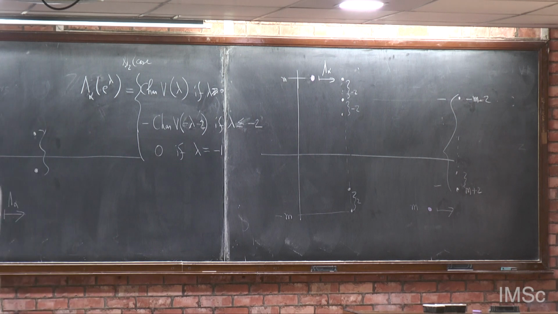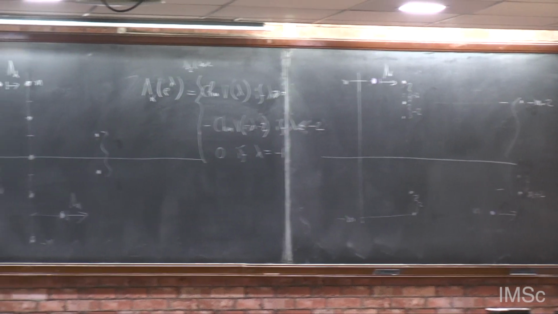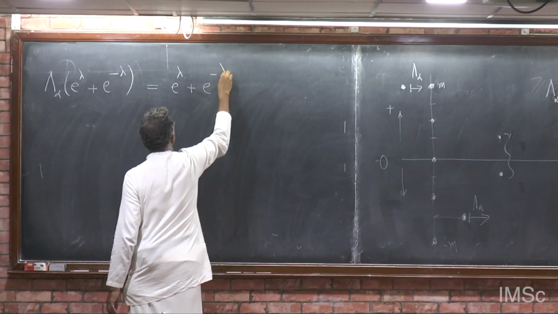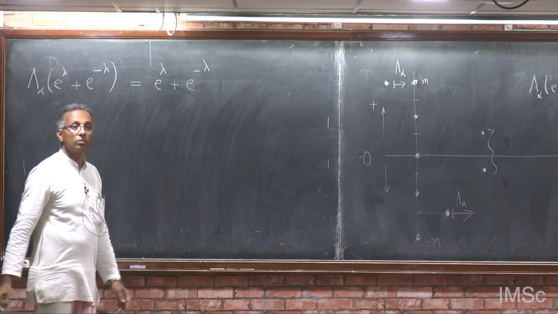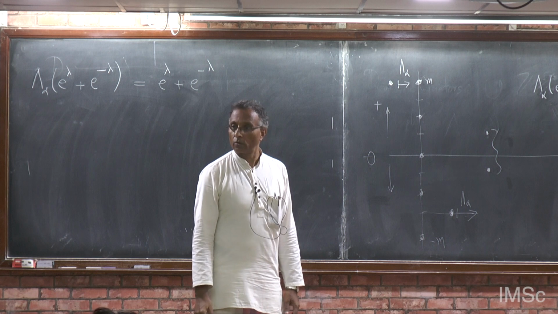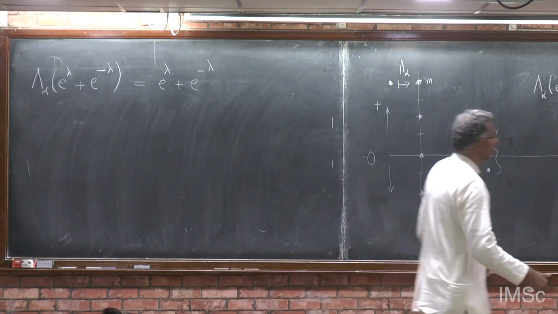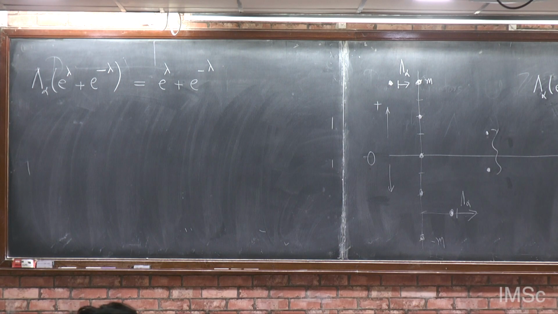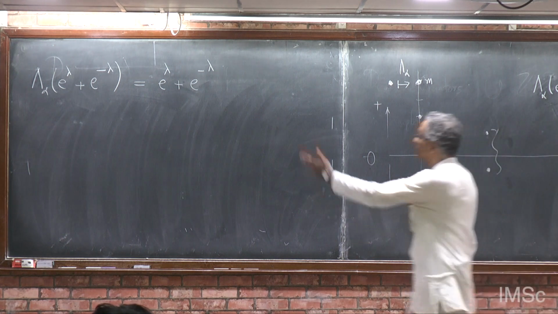So this is just e to the lambda plus e to the minus lambda. Okay? And what if lambda is negative? It's the same thing, correct? So this is simple.